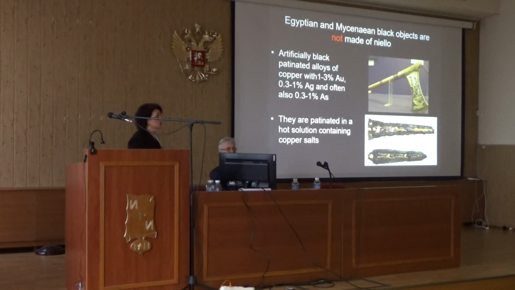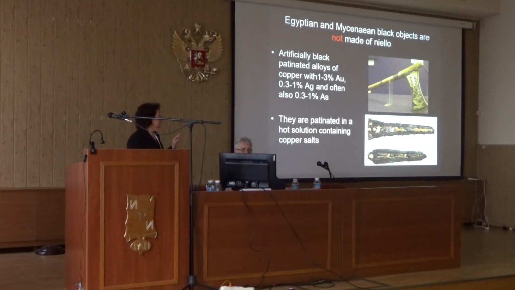Early Egyptian and Mycenaean black objects are not decorated with niello. This is an artificially black patinated alloy which contains low amounts of gold and silver, 1% of gold, 1% of silver, different amounts of course, and also sometimes some arsenic and iron, 0.3% or something.